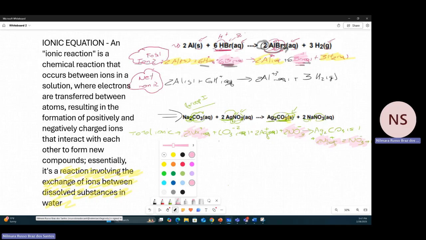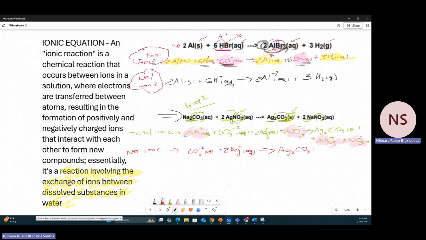So my main actors, what is participating in the reaction, remember in the lab I said, look to the main actors, will appear in my net ionic reaction. So it will be CO3 carbonate, equals, plus 2 silver, equals over here, giving silver carbonate, a solid. Good.